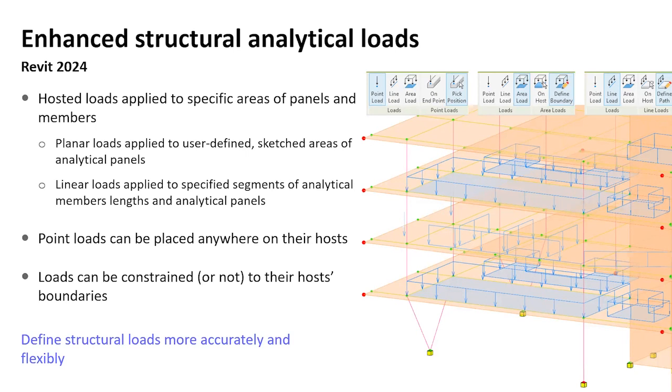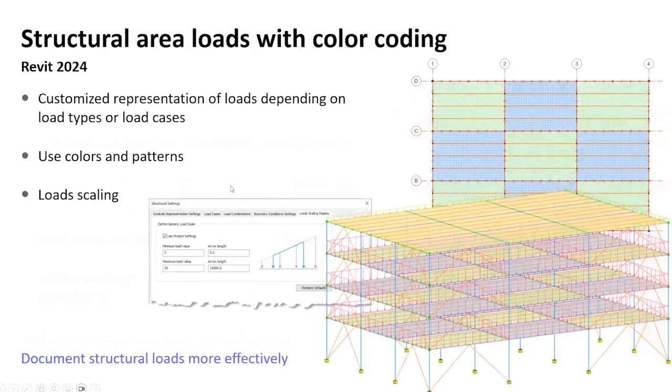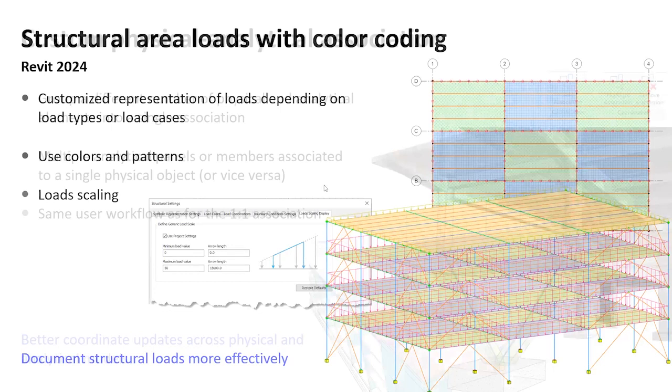So you can see a polygonal section, a rectangular section. Bottom line, more versatile and accurate definition of loads. The color coding is interesting for the engineers to visualize this information. So based on the loads that you're applying to your analytical model, you can use this functionality to document. So create views that visualize how these loads are being applied at the various levels.